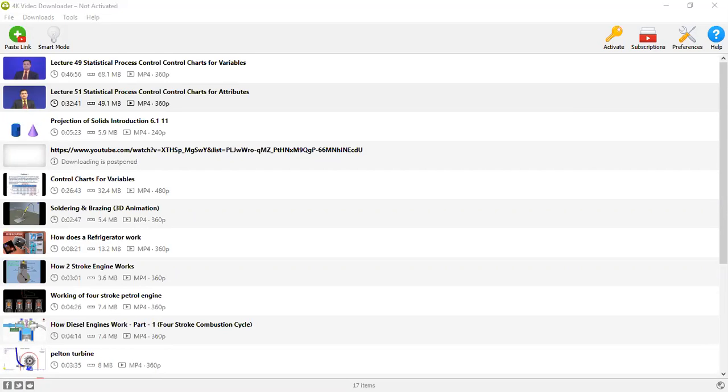So 50 by 1000 is the fraction of non-conforming items in the total of 1000 items. 50 by 1000 gives 1 by 20, which is 0.05. That is called the fraction of non-conforming items.